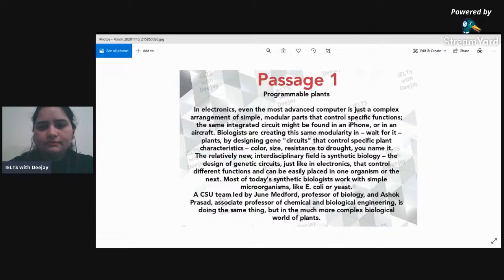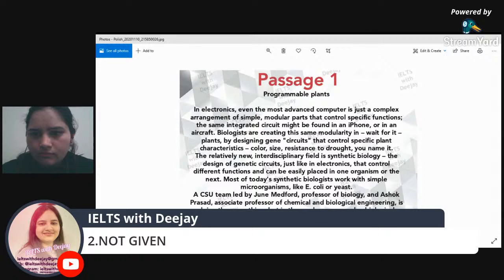Third is false, typed by mistake. The first one is true. Second one is not given. And third one is false.